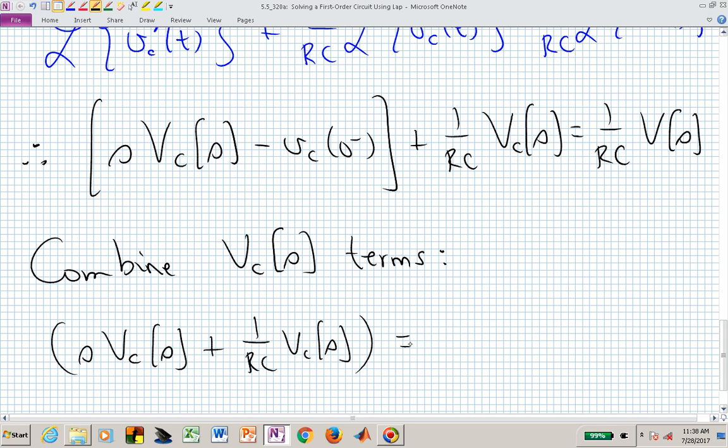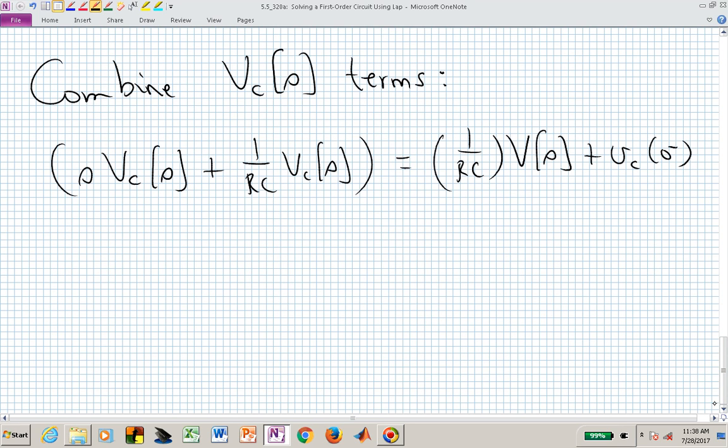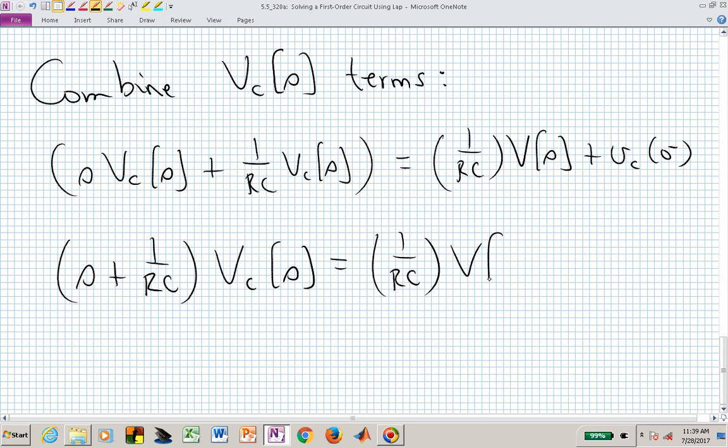We can put the initial condition term on the right-hand side along with our forcing term. We have s plus 1 over RC, a polynomial weighting our capacitor's Laplace transform V sub c of s, and that's 1 over RC capital V of s plus V sub c of 0 minus.